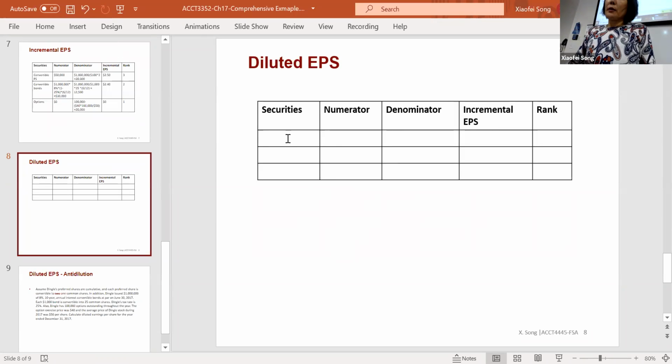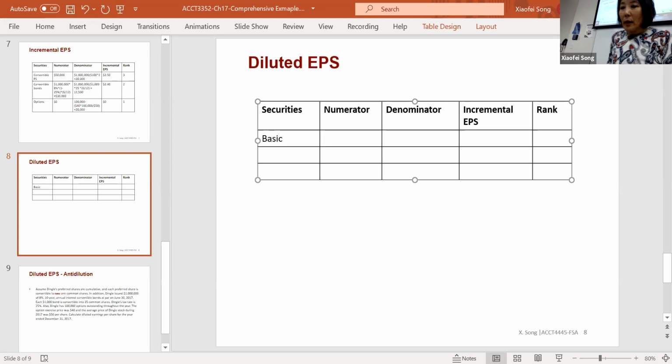diluted earning per share. So we will start with the basic earning per share, and we use the information we calculated before. With preferred dividends, when preferred shares are cumulative, the earnings available to common shares is $5,200,000.